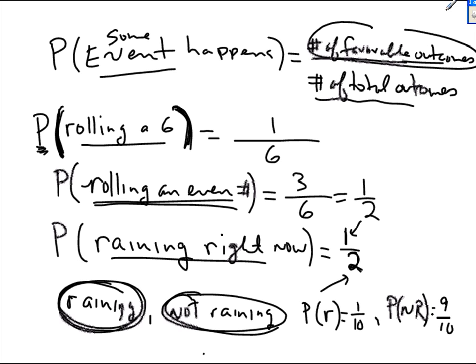If I randomly call you up on 10 different times and ask you, is it raining or not raining? 1 time you'll tell me it's raining, and 9 times out of the 10 you tell me it's not raining. They're not equally likely. That is why it's not 1/2. The probability that it's raining is 1/10, not 1/2. Each of these outcomes has to be equally likely in order to use this rule.